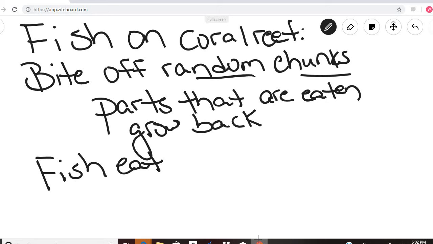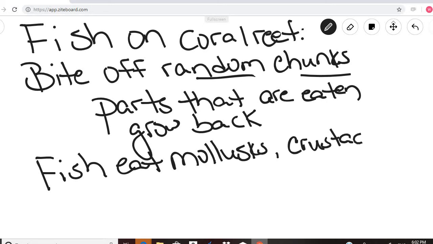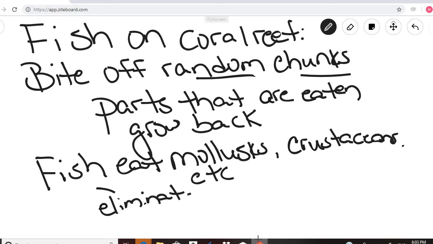And then the fish may also eat things like mollusks and crustaceans, etc. And then guess what? They eliminate waste. And that waste can then be used to feed the reef.